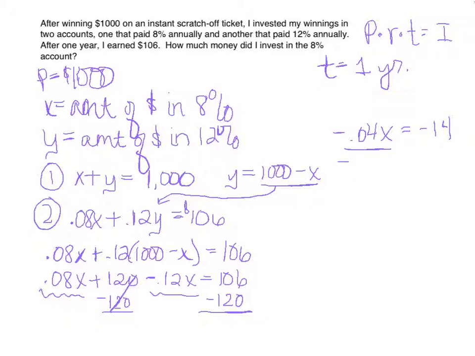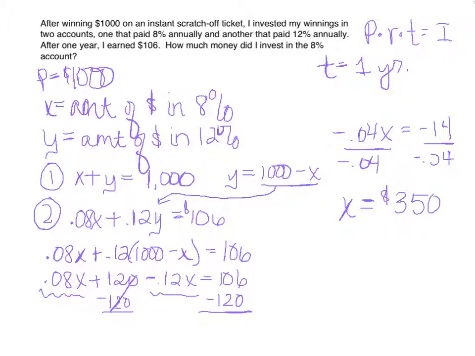Now I divide both sides by negative 4%. And I find that X, which again is my principal, the principal amount that I invested in 8%, is $350.